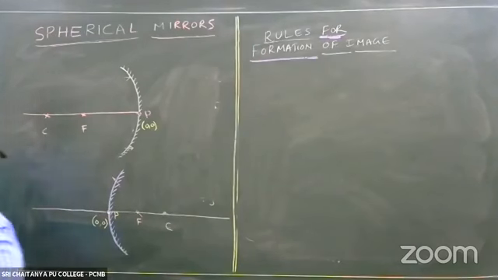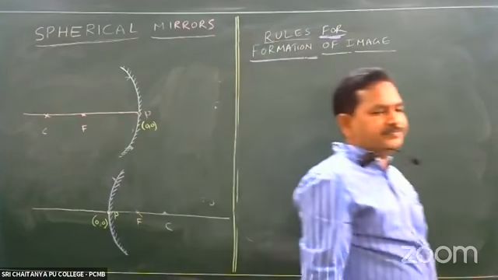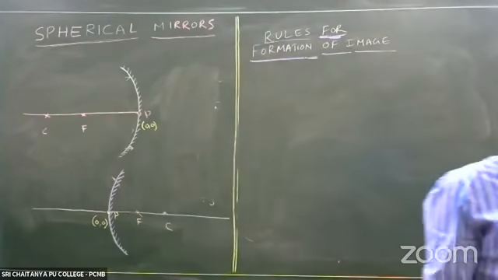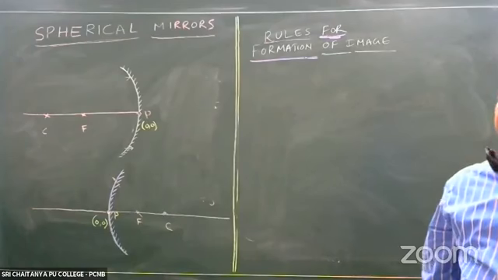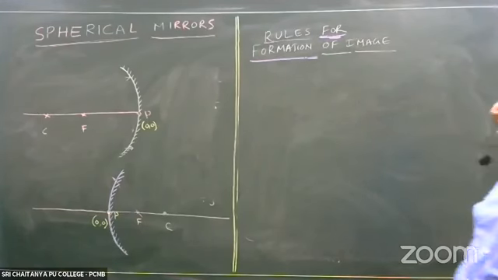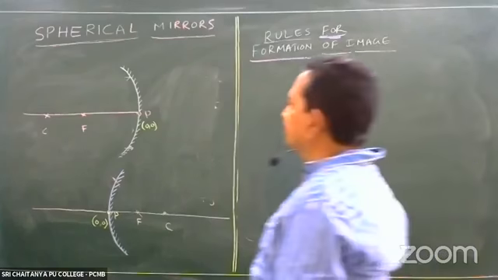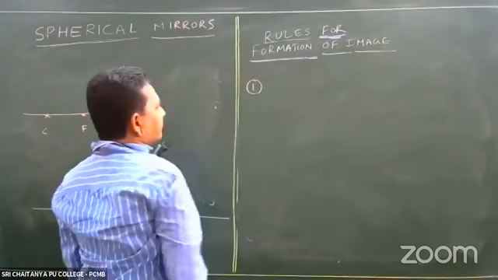Ray diagram, most important. As usual, convex mirror, P is the pole, C is the center of curvature, F is the principal focus. What is the first rule we have to follow while forming the image?